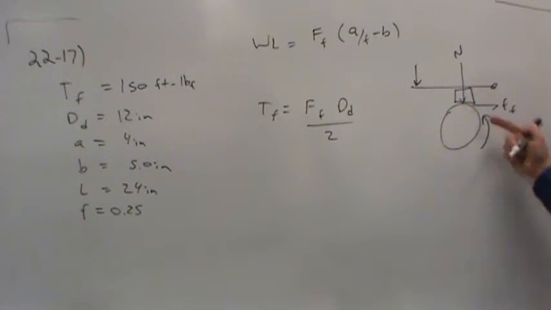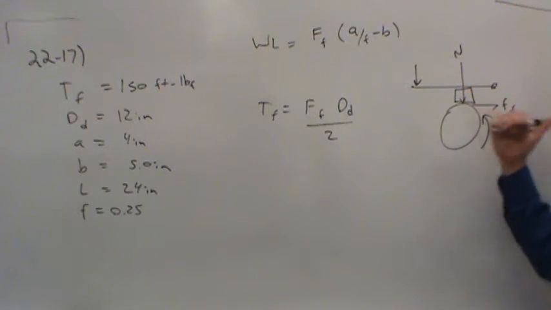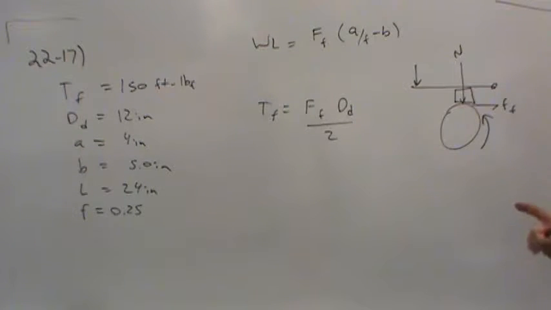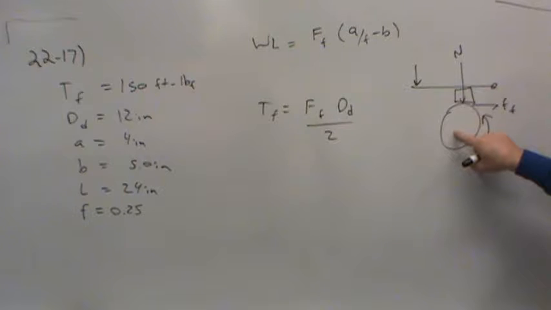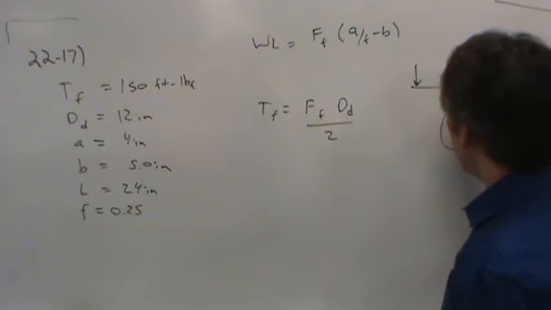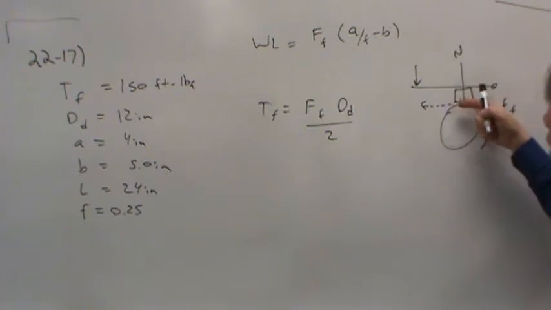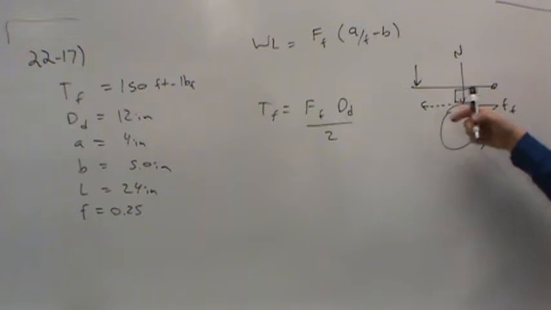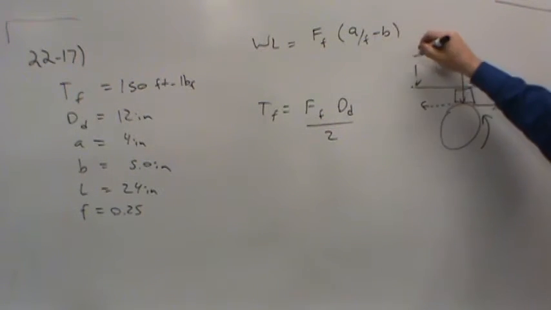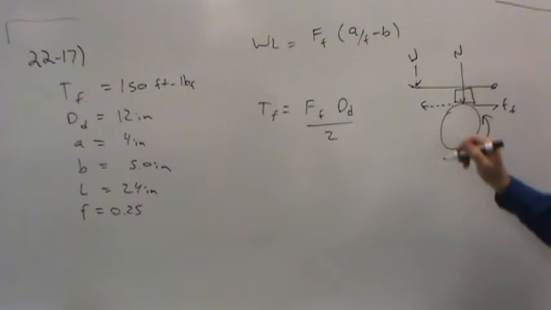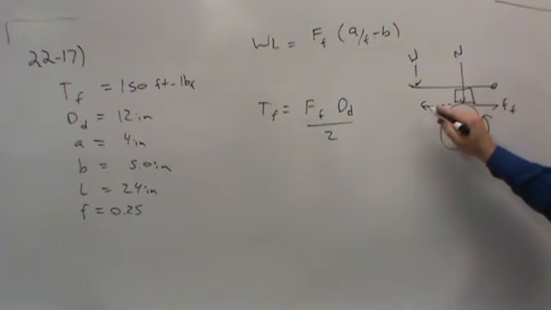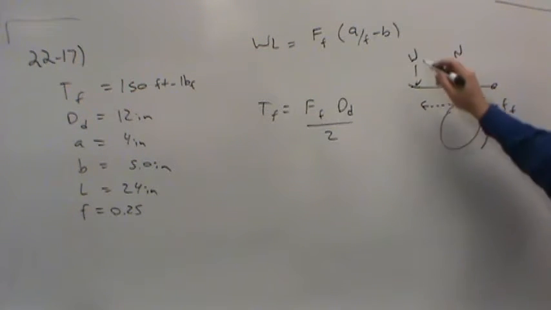The relative motion's in this direction, so your frictional force goes in the opposite direction. Now, consider what this does, because this is a frictional force on the drum, but there's an equal and opposite frictional force on the pad. That tends to work against the applied load W, so this takes away from the moment being caused by this.